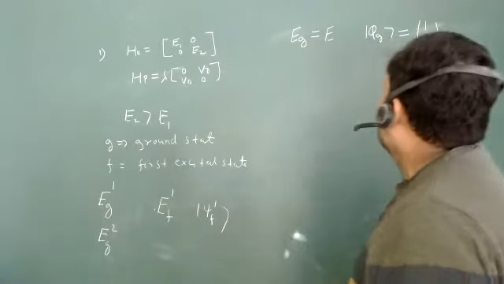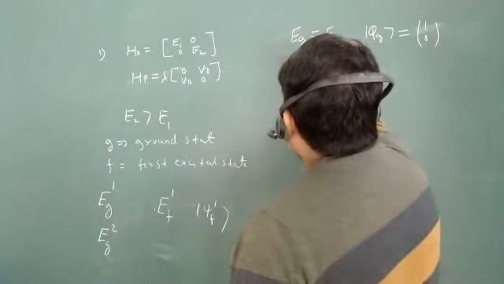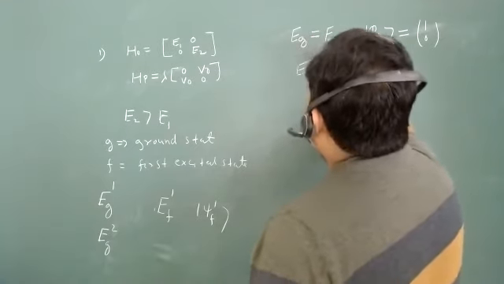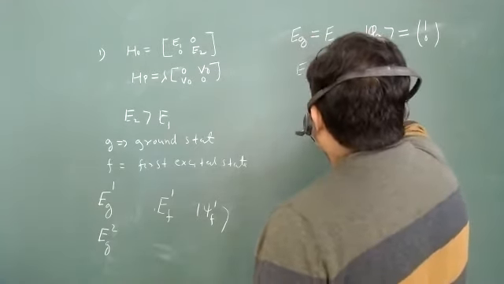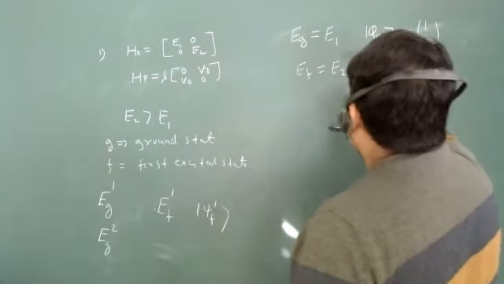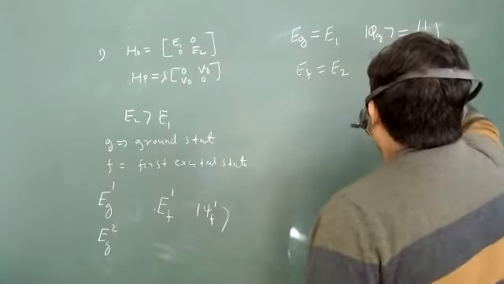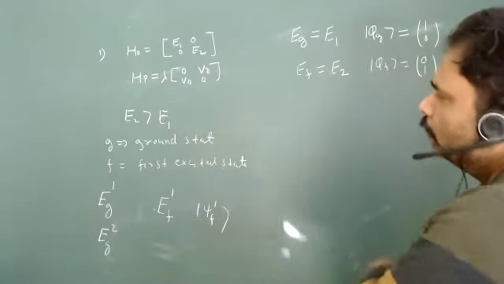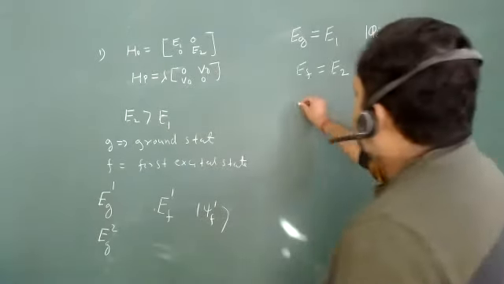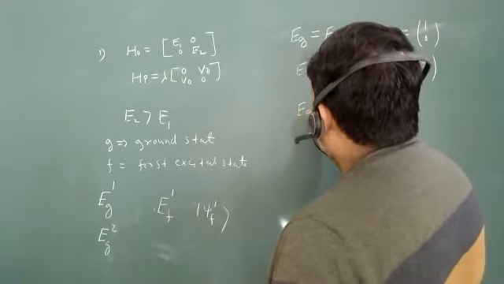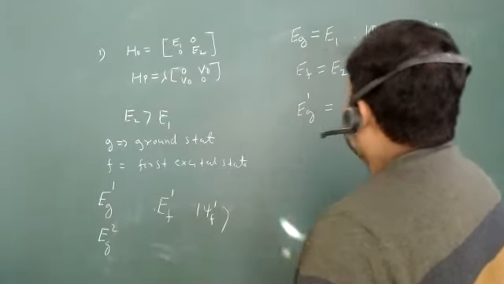Okay. Now, what is EF? EF is equal to E2. This is E1. This will be E2. So what is phi F? Phi F is equal to 0, 1. So now we have to go for EG1. What is meaning of that?